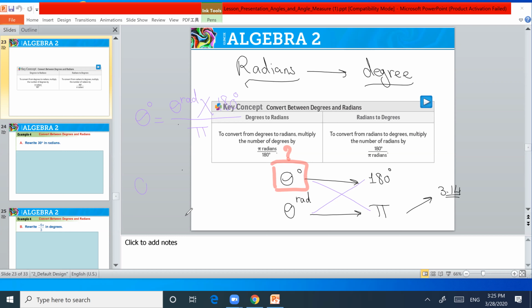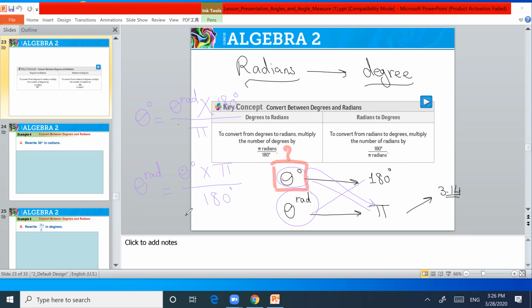If we need to change from degree to radian, it means I need theta rad, theta in the radian measure. I need to make the cross multiplication. So this is missing. I start with this multiplied by pi, divided by 180. So it's theta degree multiplied by pi over 180.